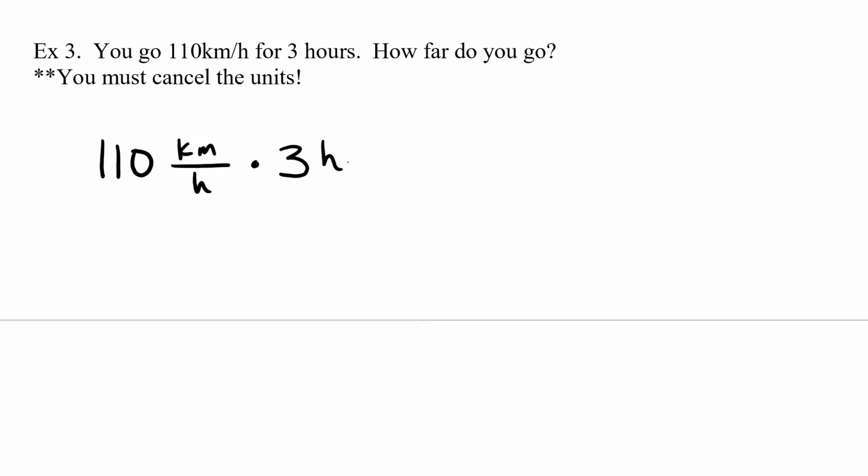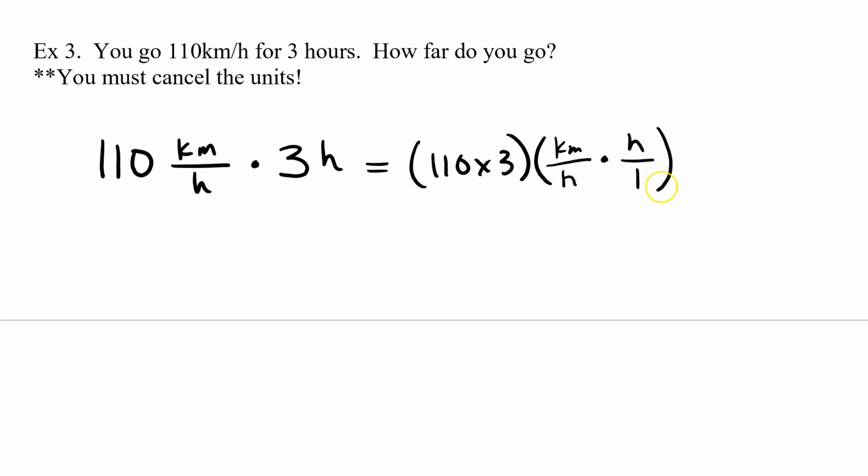I want to just look at the numbers first, which is really easy: 110 times 3. But what happens to those units? Just off to the side here, if I express 3 as a fraction, I'm just going to put it over 1. So if I wanted to express hours as a fraction, I would just put that over 1 as well. So we have this first fraction right here: kilometers per, that's division, per hour, times hours over 1.